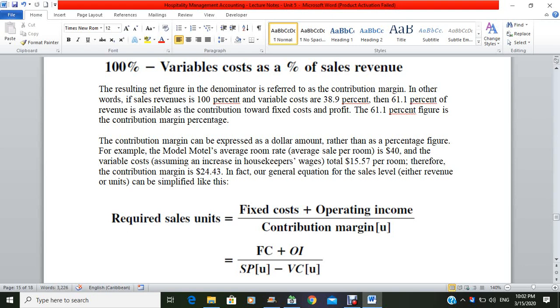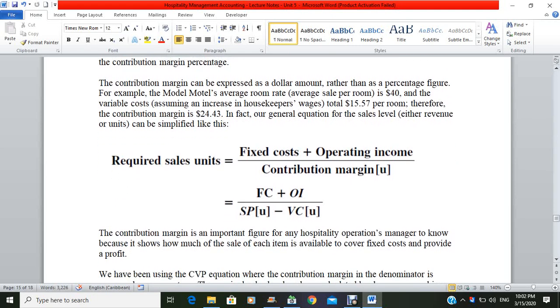For example, the model motel's average room rate is $40 and the variable cost, assuming an increase in housekeepers' wages, is $15.57 per room. Therefore, the contribution margin is $24.43. You subtract $15.57 from $40, meaning you subtract your variable cost from your selling price per unit, and you get your contribution margin per unit. In fact, the general equation for sales level, either revenue or units, can be simplified like this: fixed cost plus operating income, divided by selling price per unit minus variable cost per unit, which is the contribution margin.